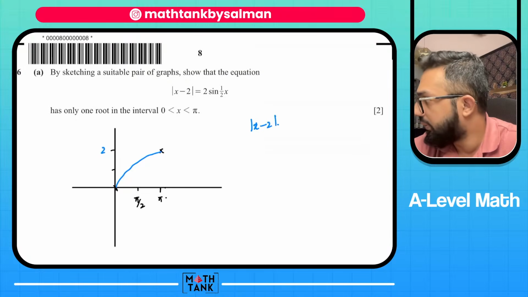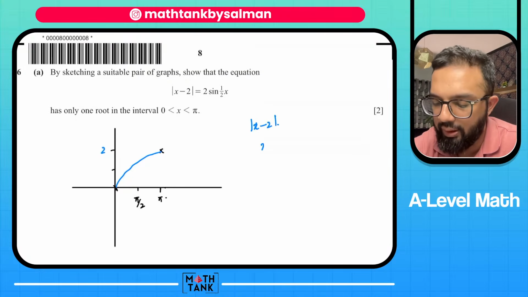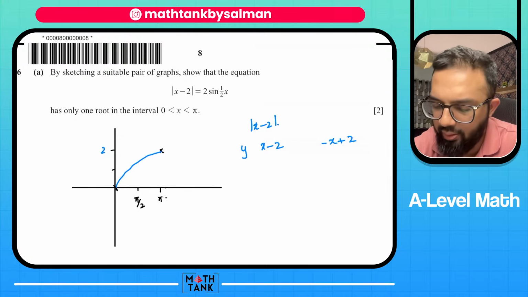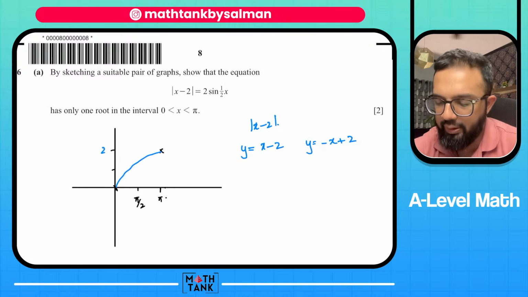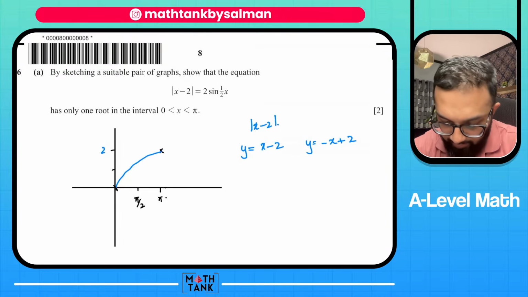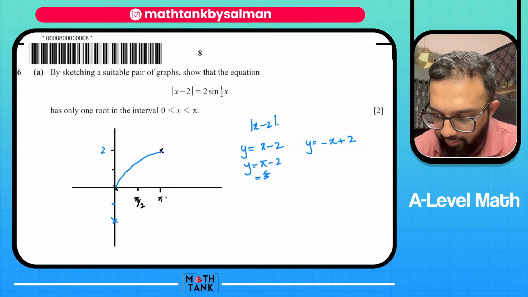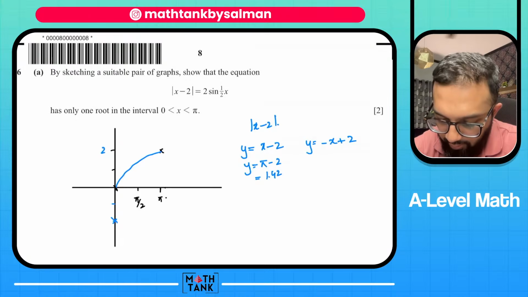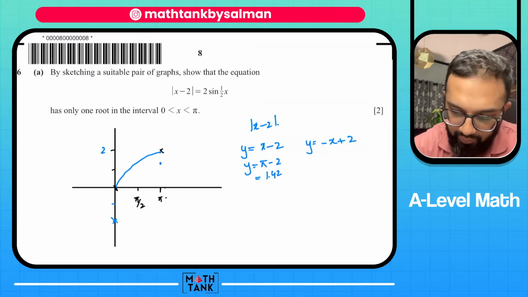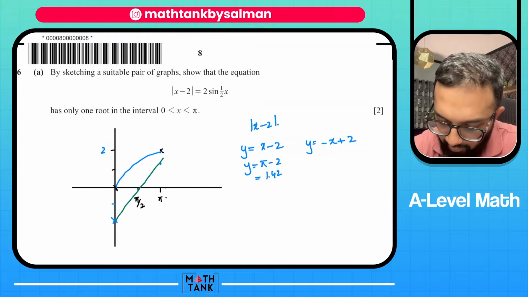When you have modulus of x minus 2, to break it up into two parts, x minus 2 and minus x plus 2, y equals x minus 2 and y equals minus x plus 2. The minus 2 is here, and the intercept should be pi minus 2, which is about 1.142. So this line should go from about, let's draw that in green, here to here.